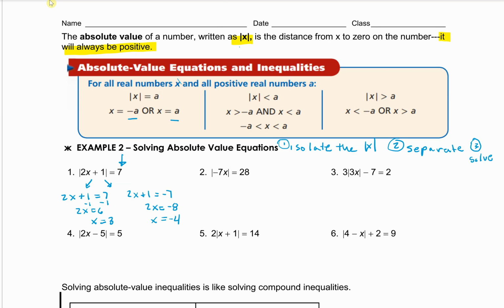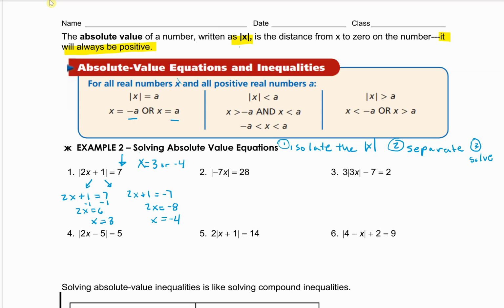So I have two answers. X equals 3 or negative 4. Two possibilities, two answers. Now one happens to be positive and one happens to be negative. It's not always going to be the case, but most of the time it'll be like that.